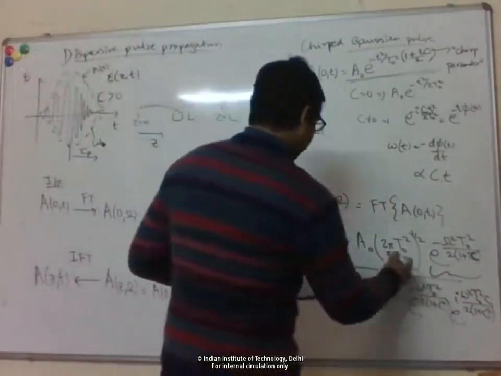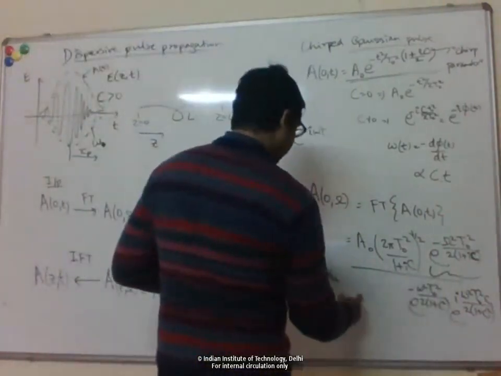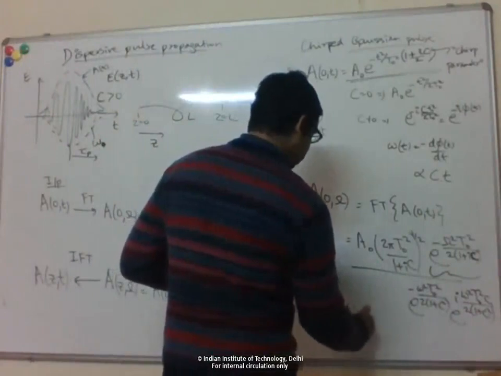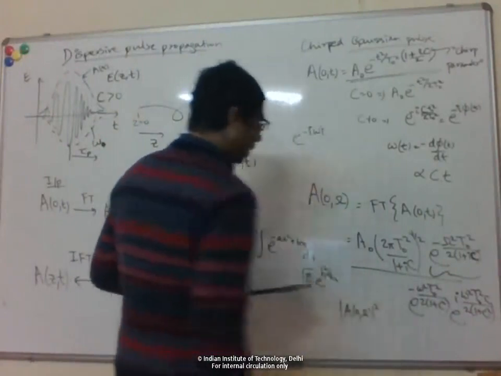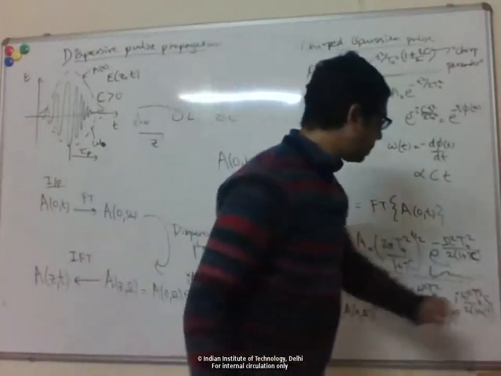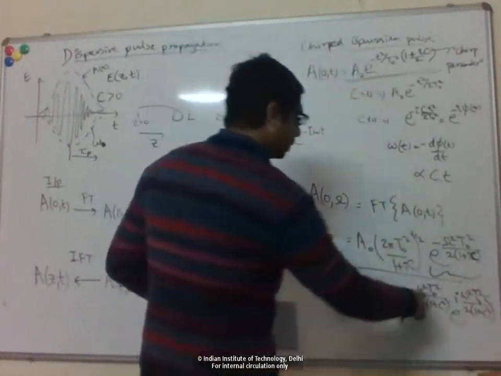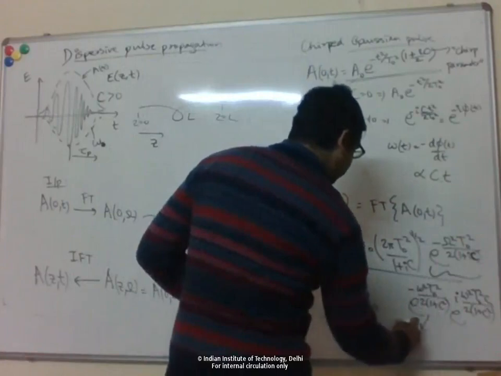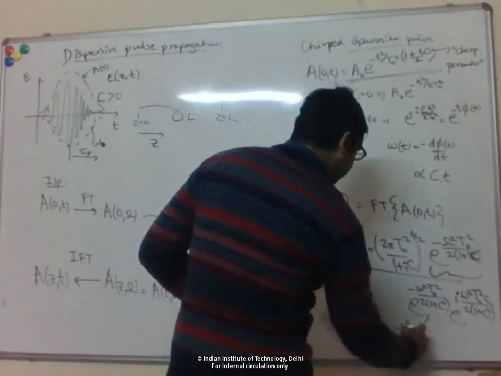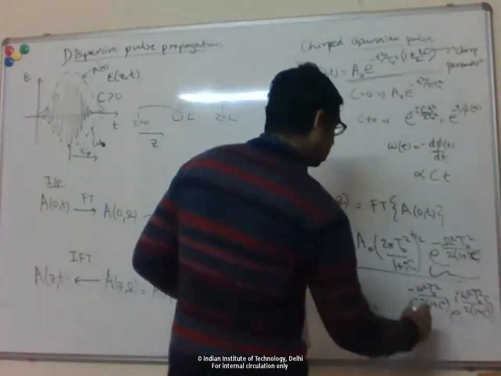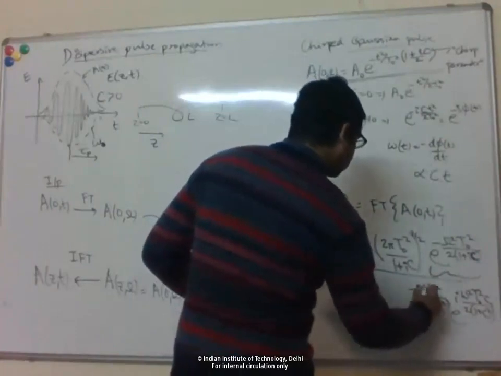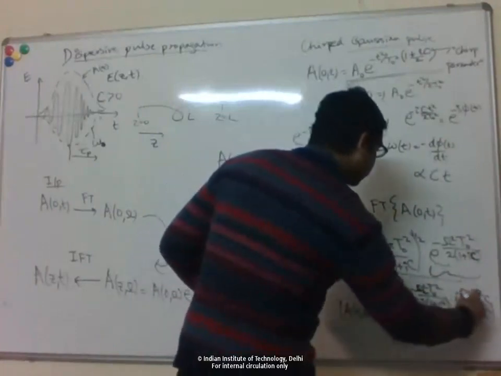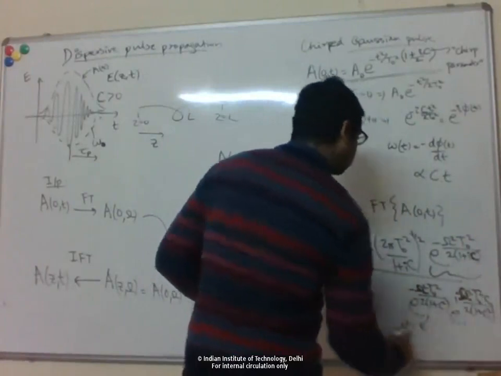And so if I take the spectrum, the power spectrum will be mod of this square, so this phase will go away, and the width in the spectral domain is like e to the minus omega square by some capital omega.